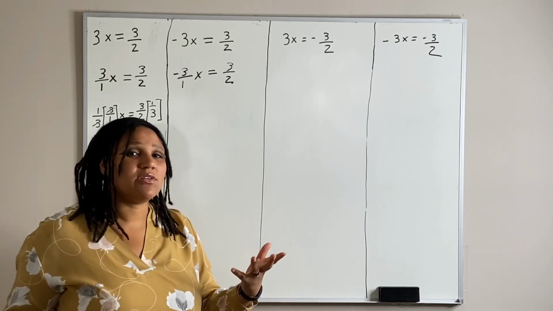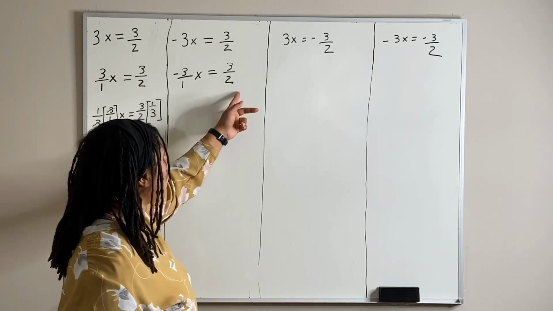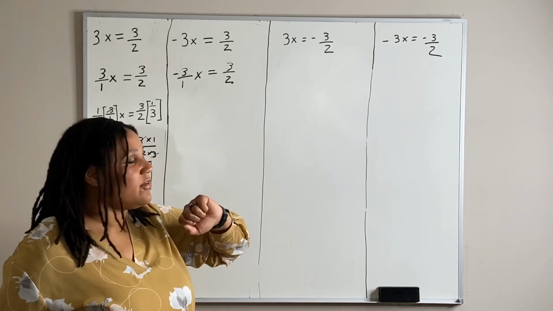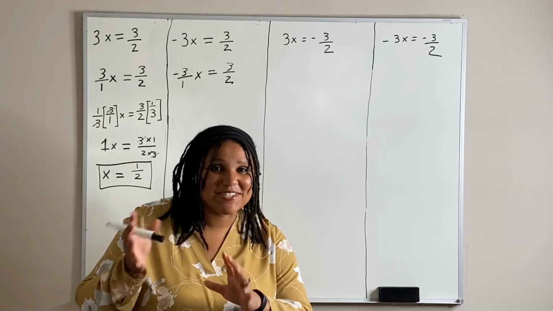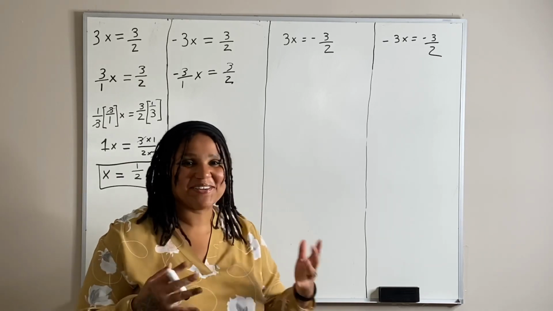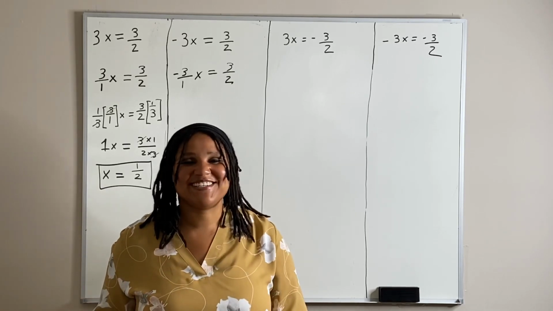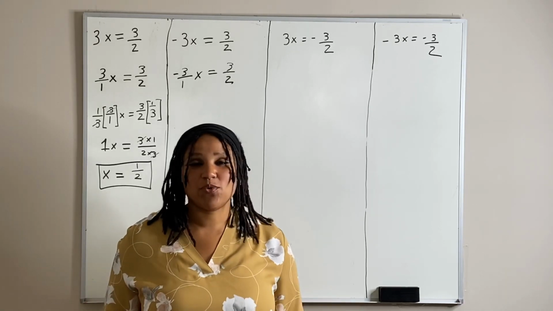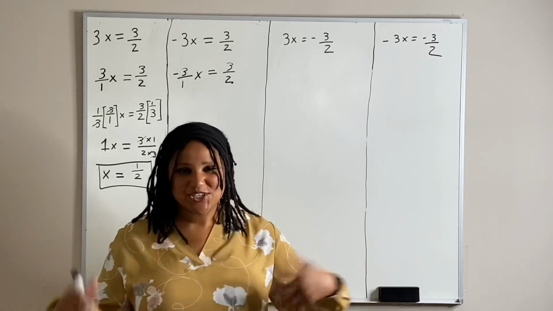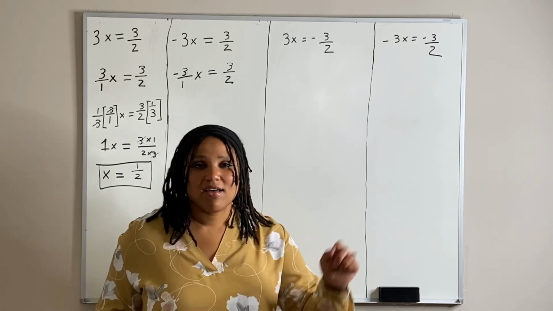But remember, anytime that you are dividing, you are in fact multiplying by its reciprocal. We talked about how to add and subtract and multiply and divide fractions. I spoke about that in another video, so you're more than welcome to refresh your memory on that. I'll leave the link in the description below.